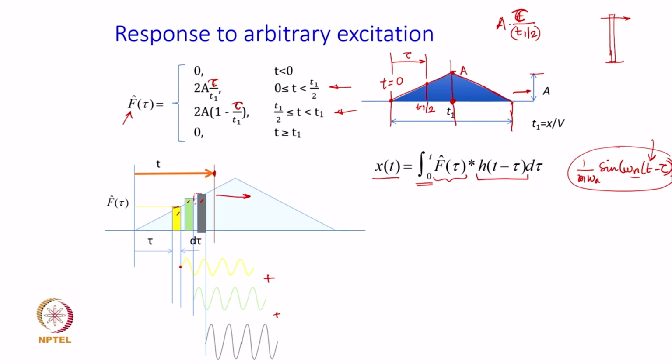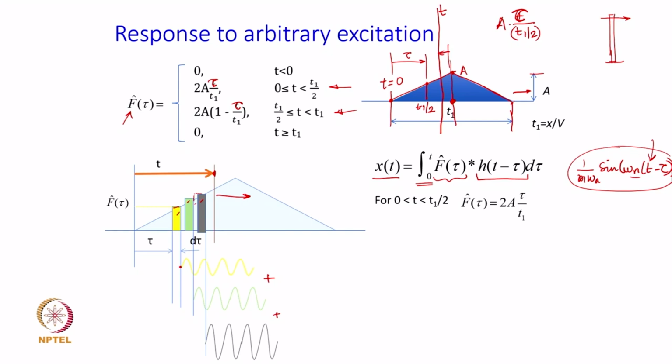Now, with this definition of F cap tau in mathematical terms, we can solve this for two or three different cases, in the sense that suppose I am interested in finding out the response at this time t, which happens to be lower than this value, then how do I find this expression for the response?